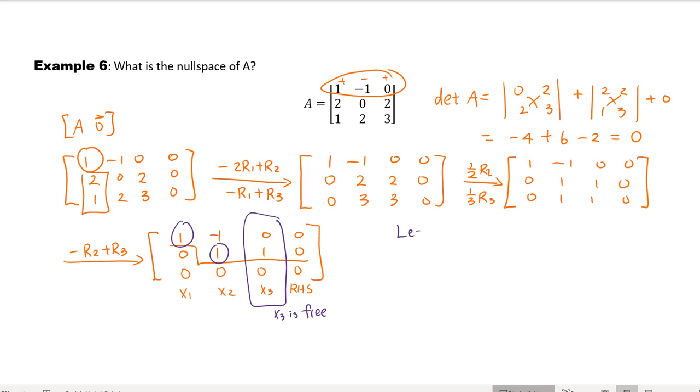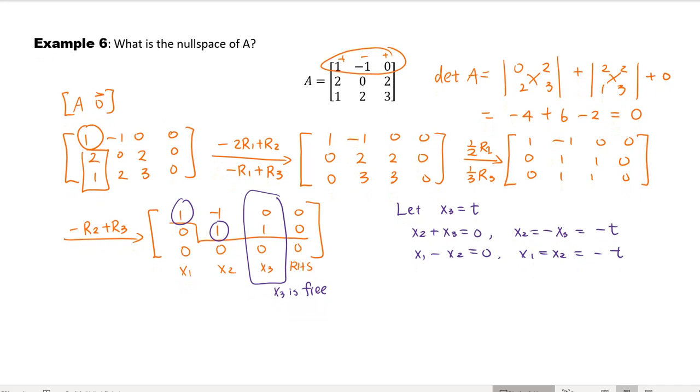So we let x3 be t. Now the second row tells us that x2 plus x3 is 0, so x2 is minus x3, so minus t. First row, x1 minus x2 is 0, so x1 is x2, also minus t.